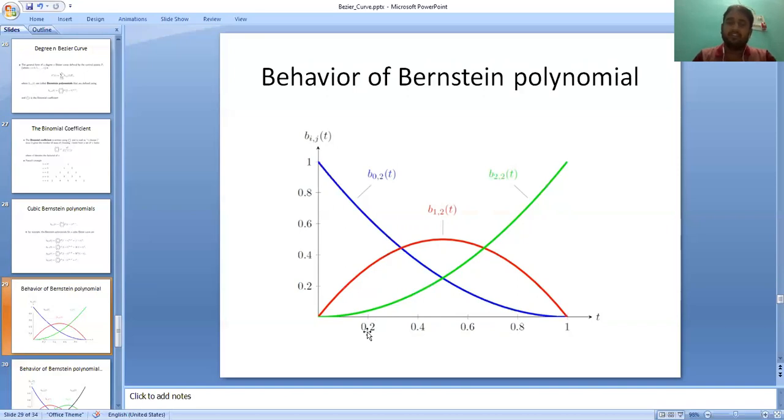And in between, when t is equals to 0.2, then B02 has a contribution of approximately 0.65, B12 has the approximation of 0.35, and at 0.2 the approximation of the contribution of B22 is something like 0.005 approx.